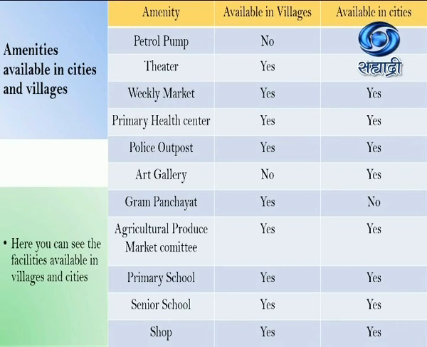Agricultural produce market committee, you will see in both the areas, the villages as well as the cities. Primary school, senior or secondary school, shops, even universities. Universities you will find in cities, whereas you will not find any university in a village, isn't it?